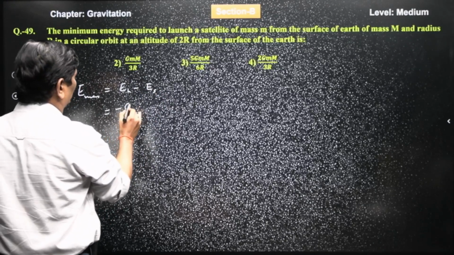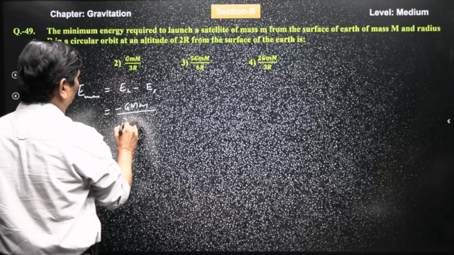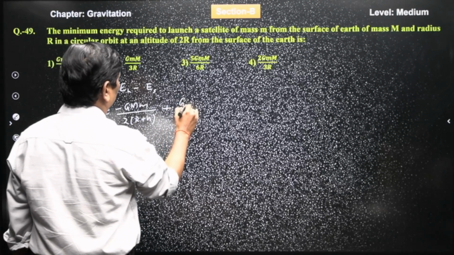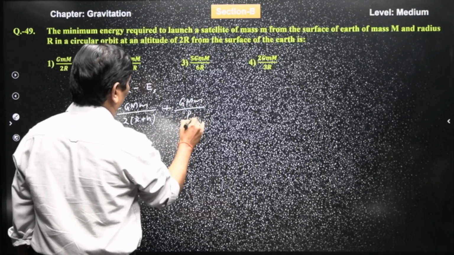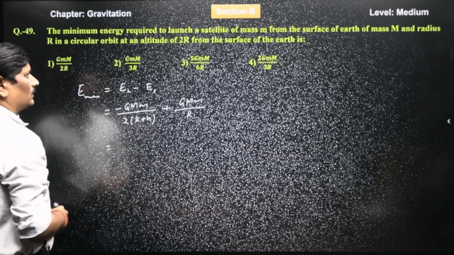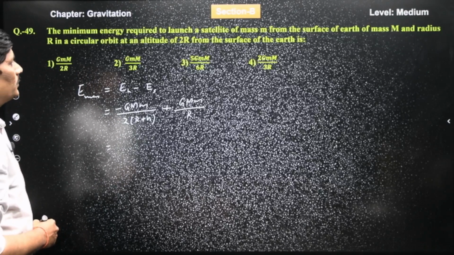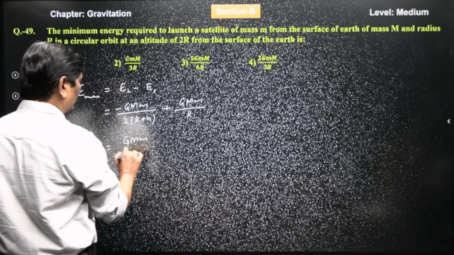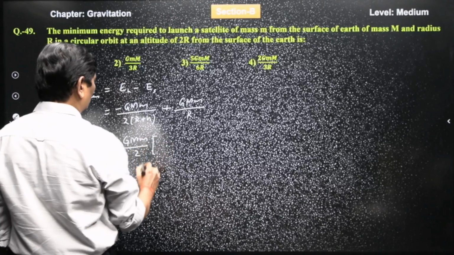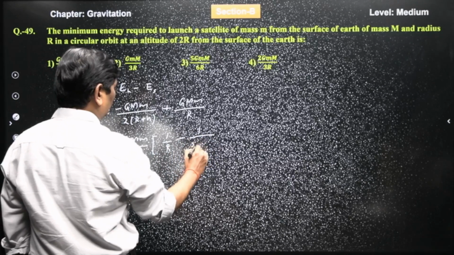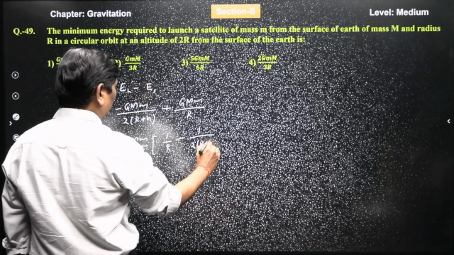Energy at the height means minus GMm by 2 into (R plus h), plus GMm by R, because on the surface of earth it is having only potential energy. In the orbit, potential energy plus kinetic energy, because it is circulating. Common GMm by 2, it is 1 by R minus 1 by 2 into (R plus h).